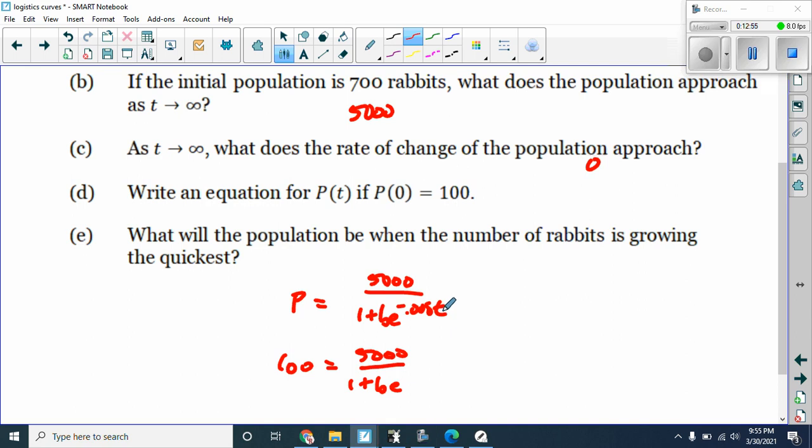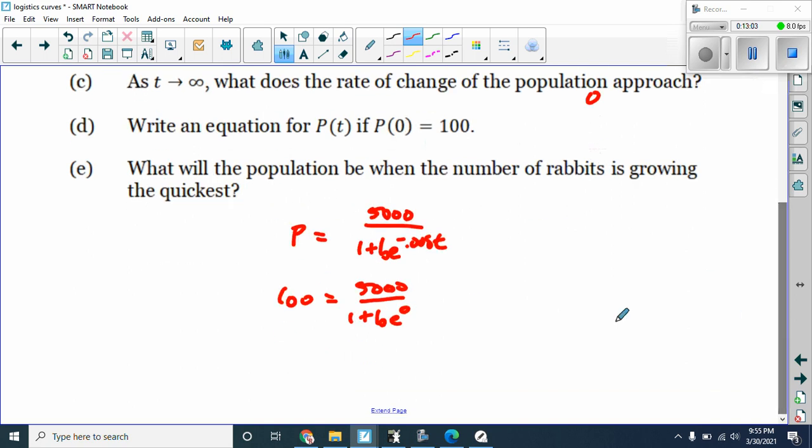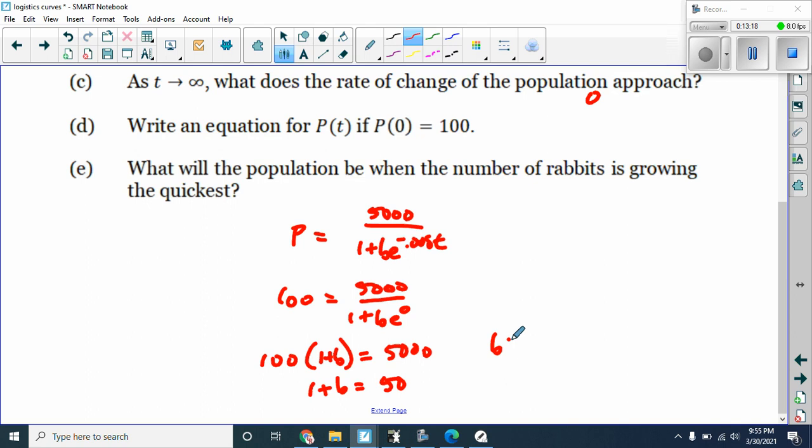So if I plug in 0 for time and 100 for population, I should be able to solve for B. Dividing both sides by 100 gives me B equals 49. So part D, P equals 5,000 over 1 plus 49 e to the negative 0.008 t.